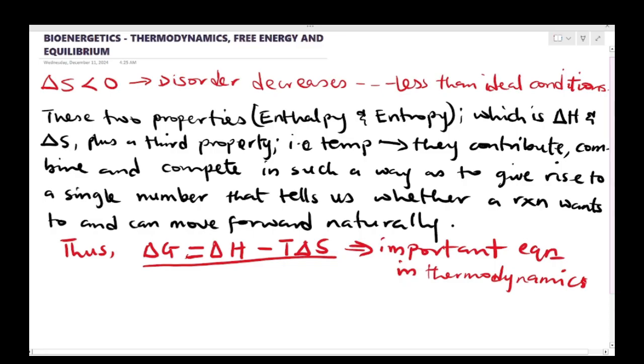And if it cannot, we will have to do something to make it happen.